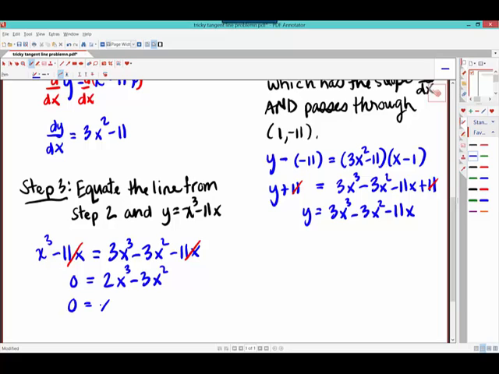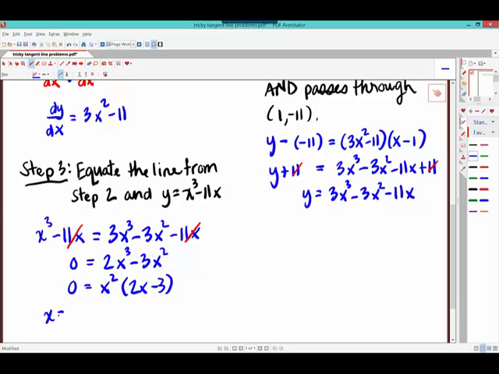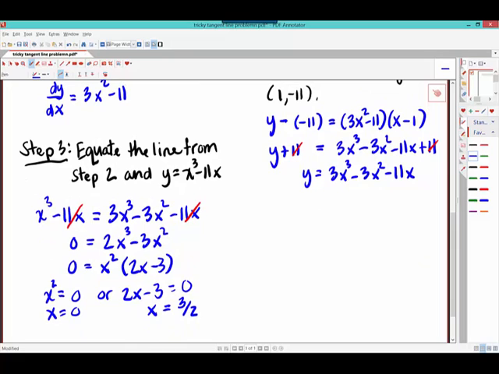Factoring out x squared, we'll have 2x minus 3. So x squared is 0 or 2x minus 3 is 0. That gives us x is 0 or x is what? Perfect. Positive 3/2. All right?